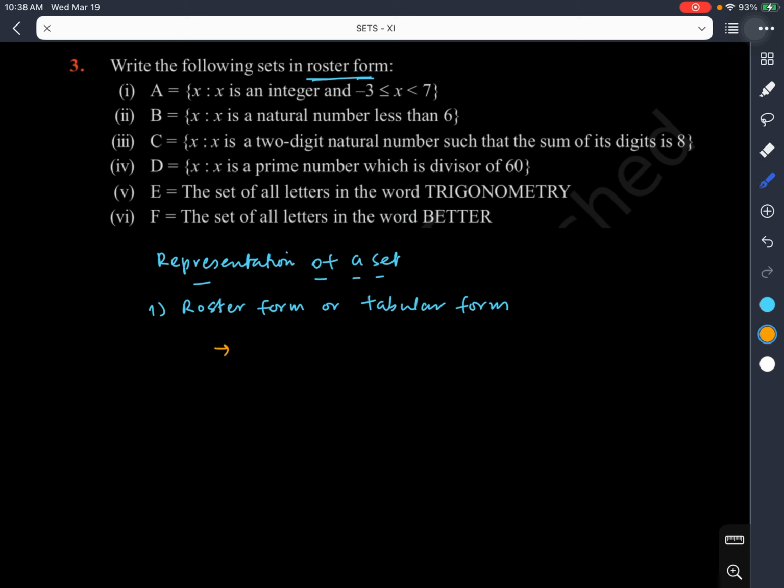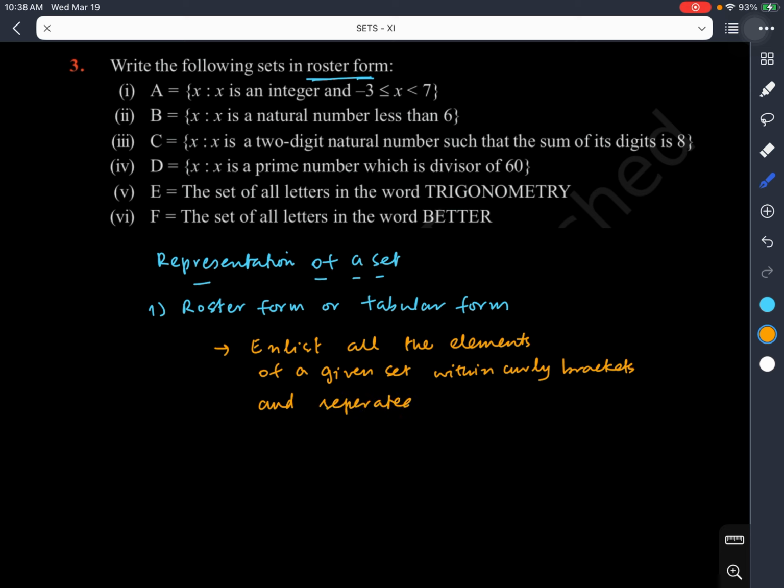In roster form, we enlist all the elements of a given set within curly brackets, and these elements are separated by commas.